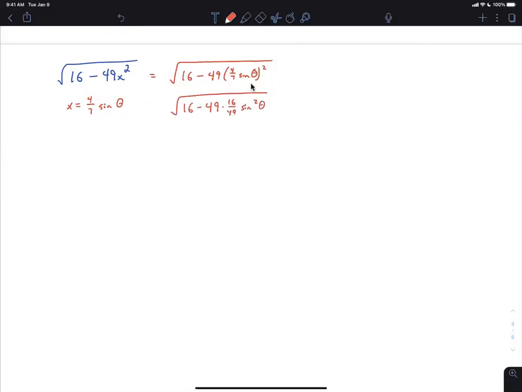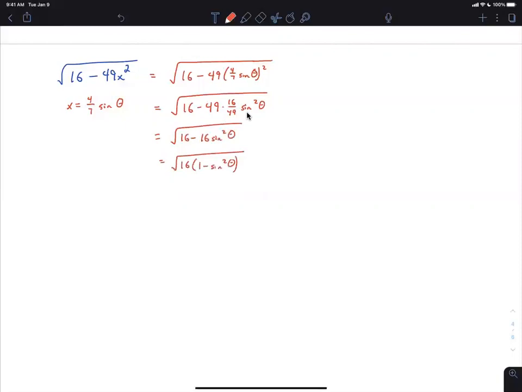Does everybody get what's happening? Not how I picked this, but once that's true, then do we understand that this is true? Okay. Now the 49s cancel. And now the 16s are the same, so I could factor that out.